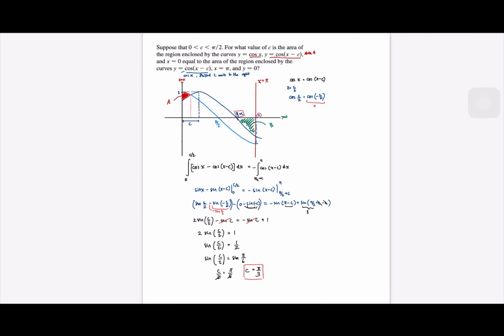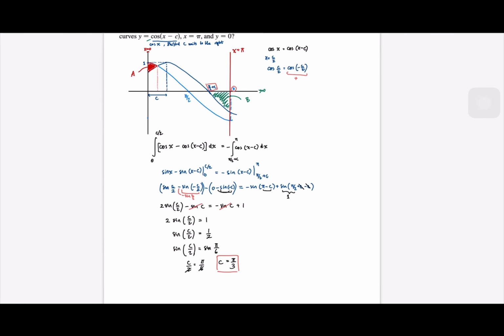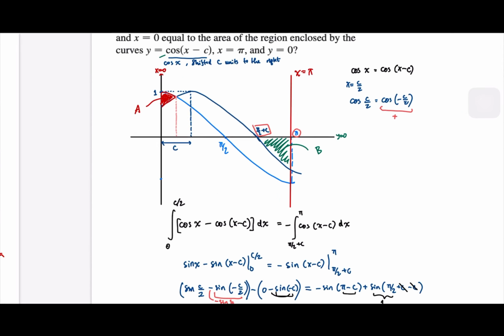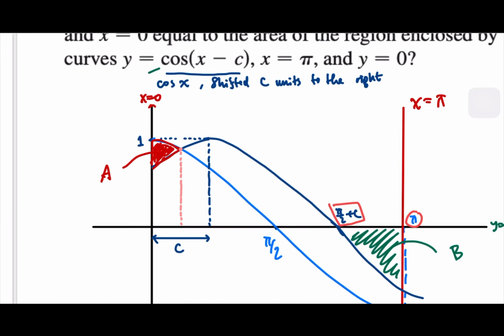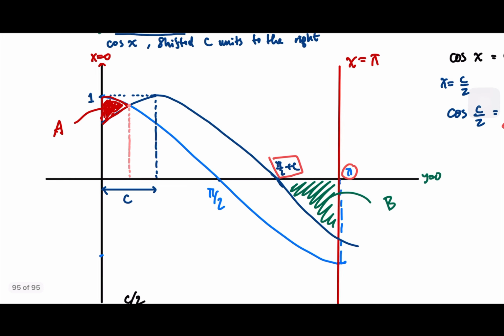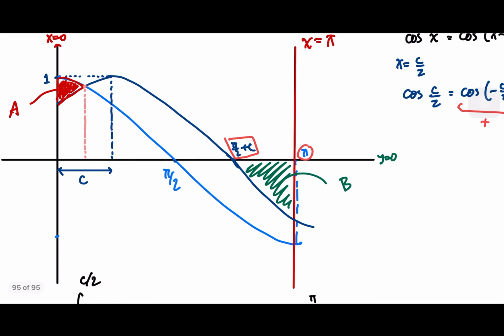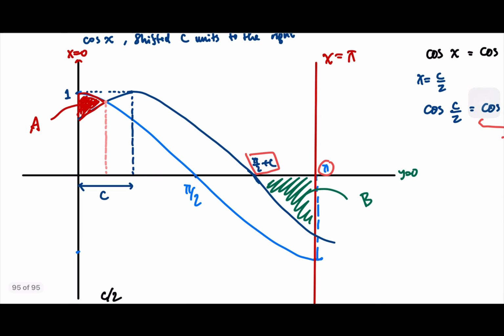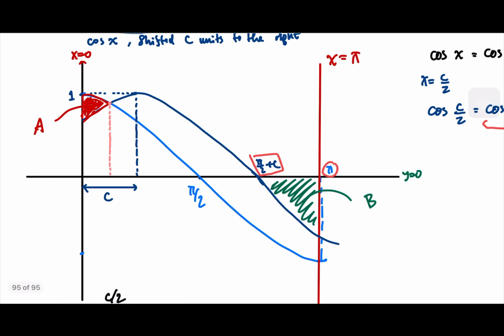We can move on to another one. I hope you don't get confused on here. The idea is we need to make sure that our graph is okay. We find the intersections, and then we can imagine how the area looks like, okay?